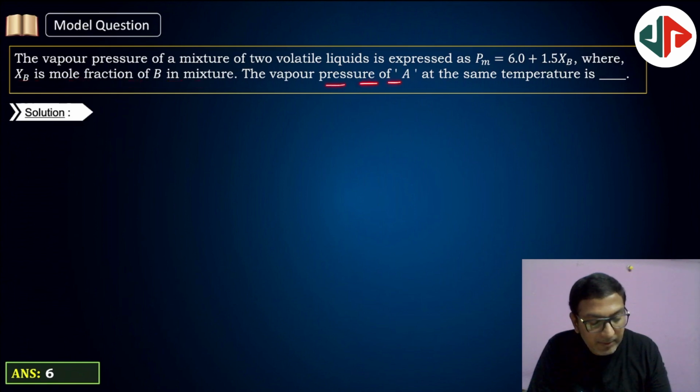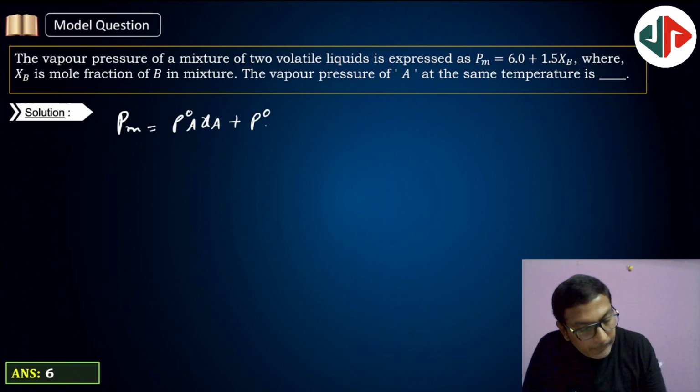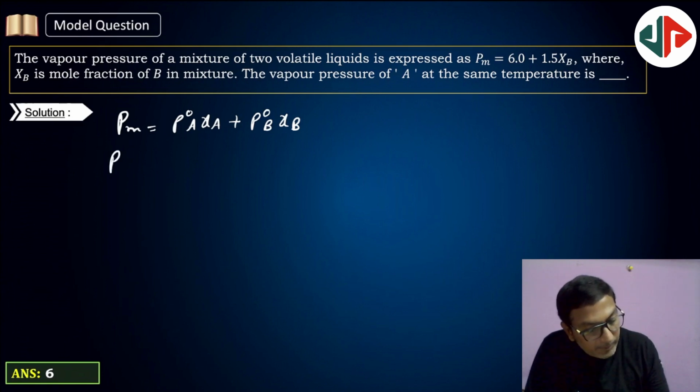The vapor pressure of A at the same temperature is asked. So pressure of the mixture equals P naught A XA plus P naught B XB, according to Raoult's law. Therefore Pm equals, so here in the expression only XB is there. That means I am replacing XA with 1 minus XB, plus P naught B into XB.